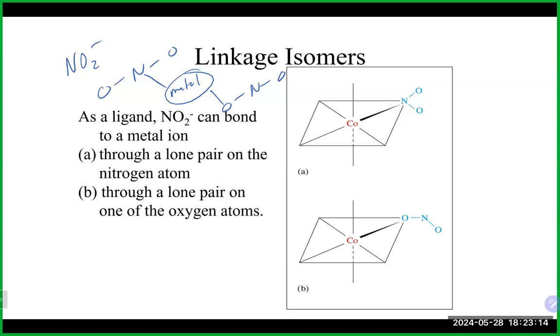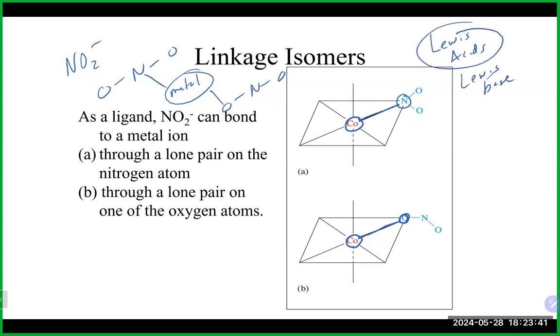It is the lone pairs on the nitrogen that is attaching to our cobalt. And in the second case, it's the same ligand, but we're using the electrons there on the oxygen again to bind to our metal there. Remember that when we look at these complex ions, we do kind of think of them, as we talked about, as a Lewis acid and Lewis base situation.